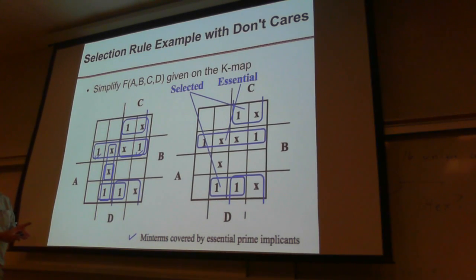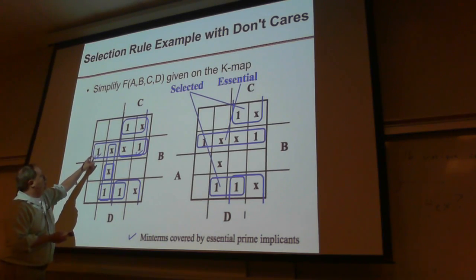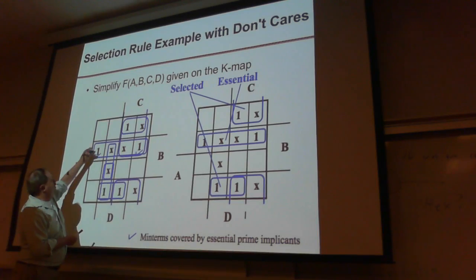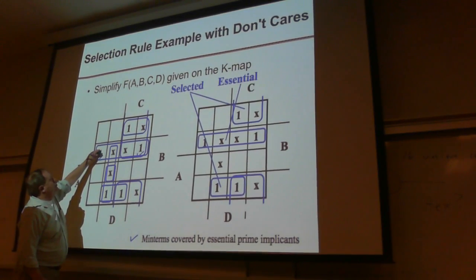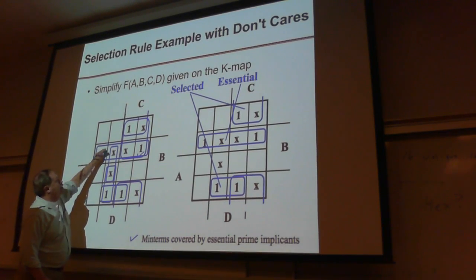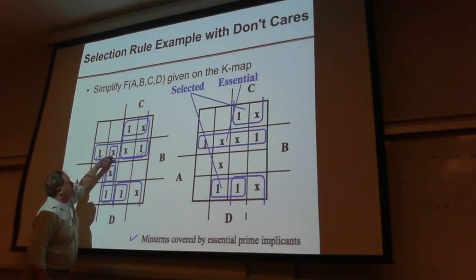Now when I go to calculate my essentials, of course, that still comes into play. I need to make sure I capture all of my singles, right? I have a single here, so I need to be able to capture that. So there's my essential prime implicant here in this grouping of 4, right?